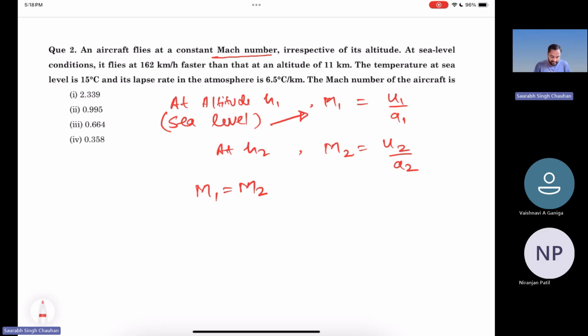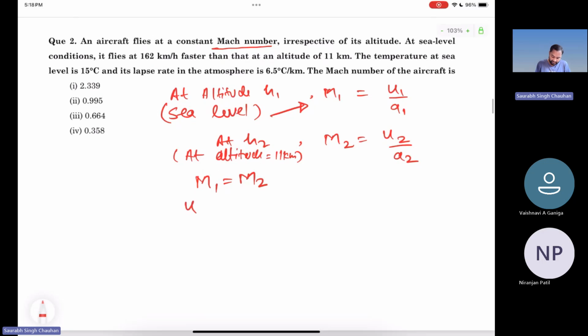What else is given? It is also given that at sea level conditions, it flies 162 kilometers per hour faster as compared to the higher altitude of 11 kilometers. So at sea level, it flies faster.